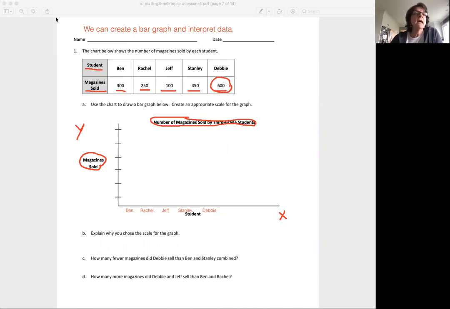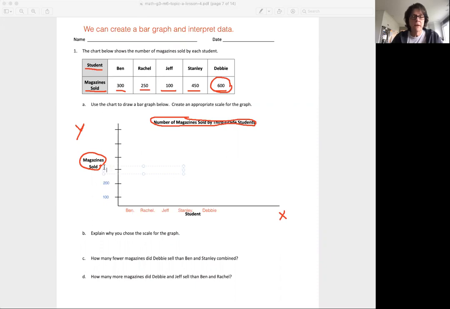Next, we're going to go ahead and put those numbers in. Remember, we're going to count by hundreds. The corner down here is 0. We want to start with 100 at the first hash mark. So I'm going to put 100 here, and I hope you can see that okay. Above it, we'll put 200. We're skip counting by hundreds.